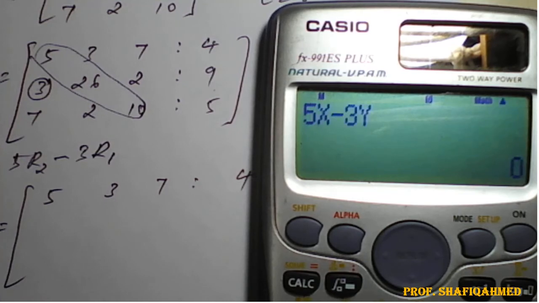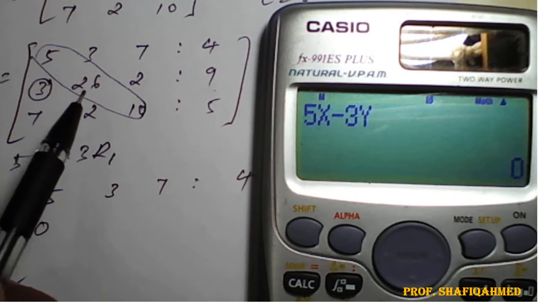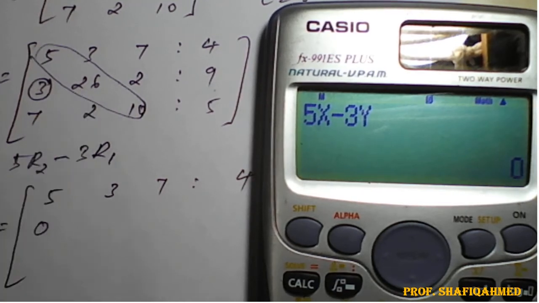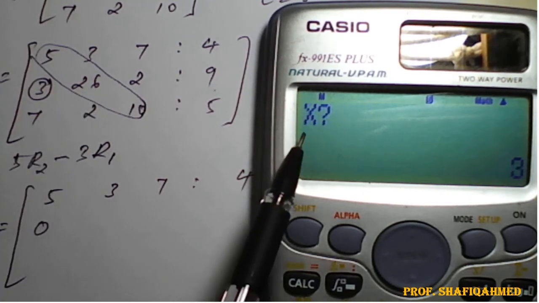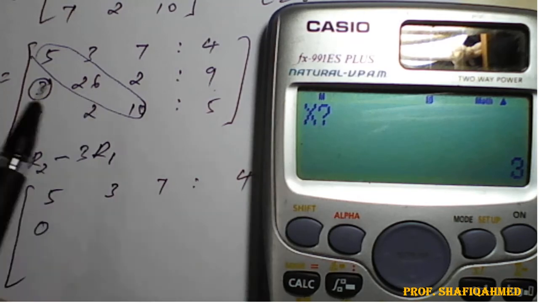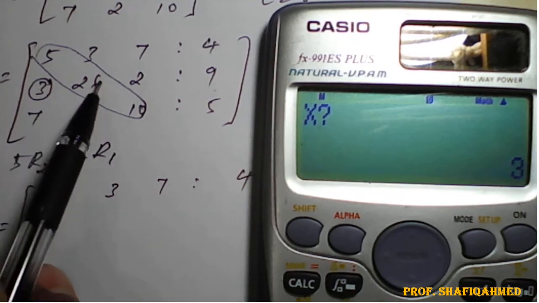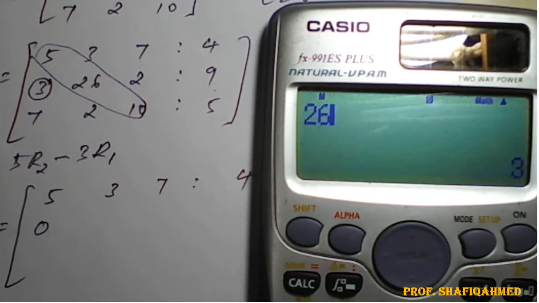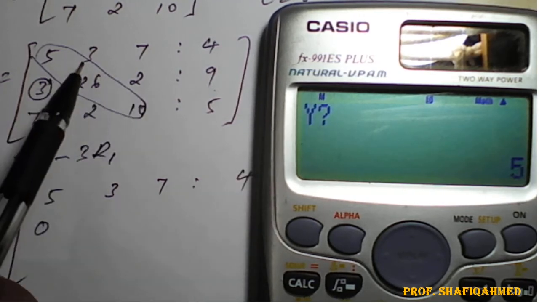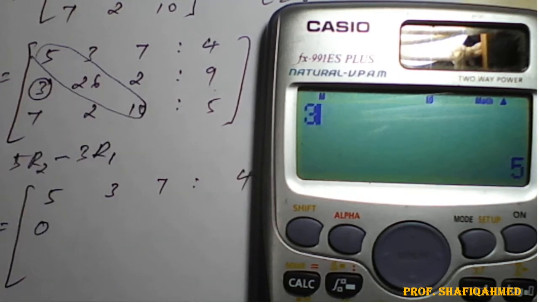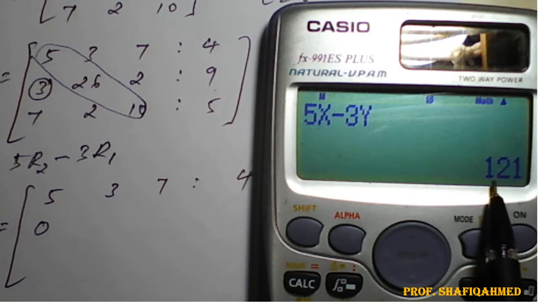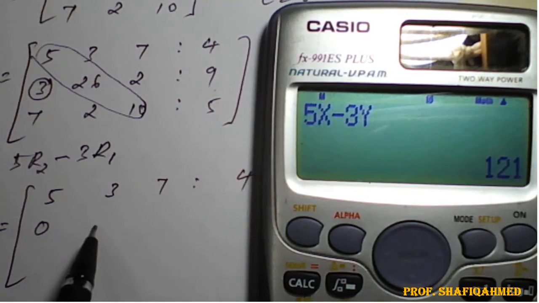In the formula we are applying, you can find the answer 0. So write the 0. Next element, x value is 26, press equal to, it will ask again x question mark, meaning we need to replace the value of x. So x value is 26, equal to, it will ask the value of y, the value is 3. So it is showing what here? 121, right? 121.